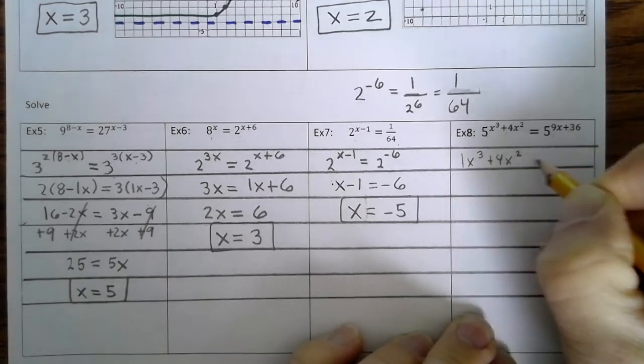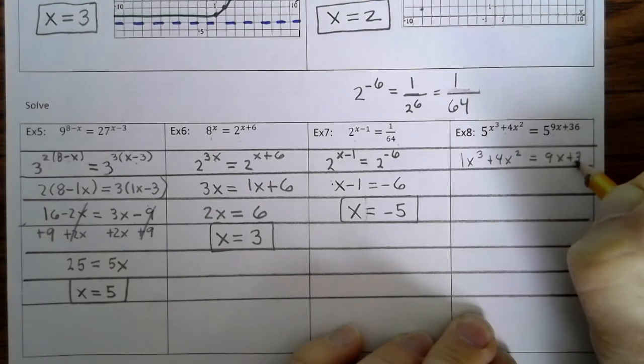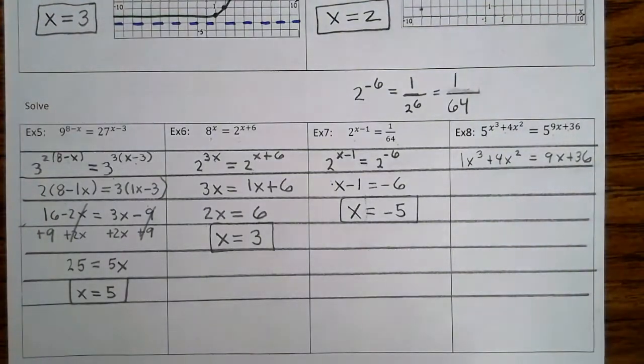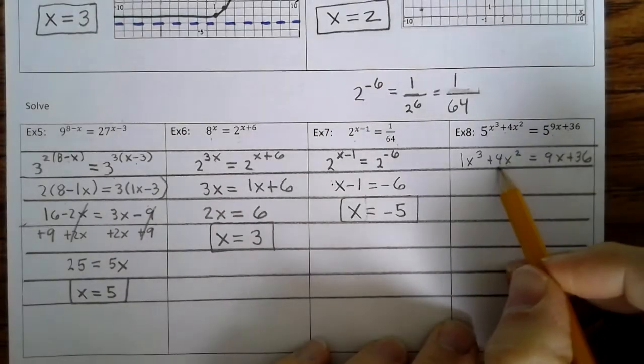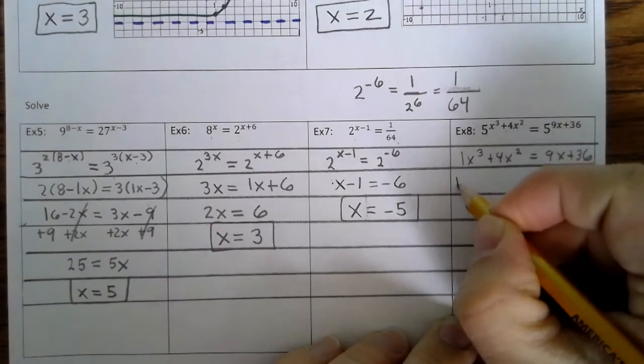Now, it looks like we're going to have 4 terms. Oh, we need to move everything to the left side and set it equal to 0. So we're going to subtract 9x and subtract 36 from both sides. So we have 1x cubed plus 4x squared minus 9x minus 36 equal to 0.